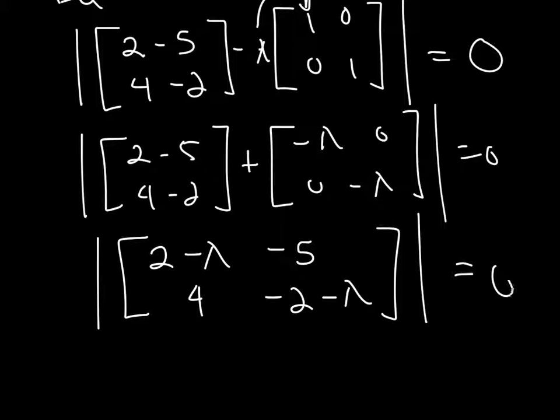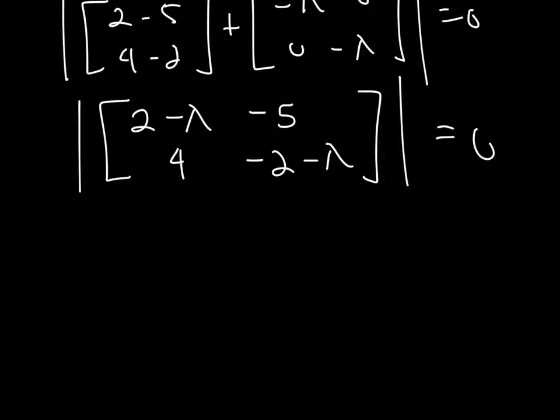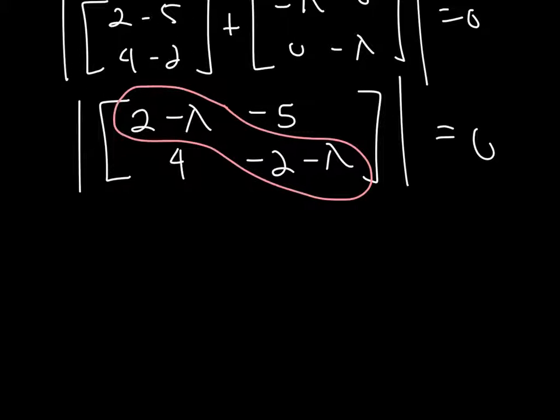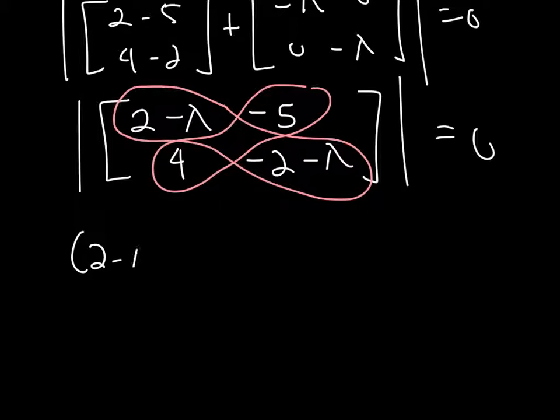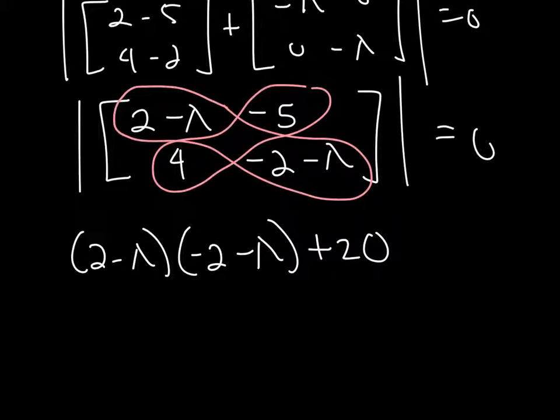Now let's find the determinant of this very nice 2 by 2 matrix. We have the product of those guys minus the product of these guys. So let's write 2 minus lambda times -2 minus lambda, minus 4 times -5, which is minus 20, so it's really plus 20, equals 0.